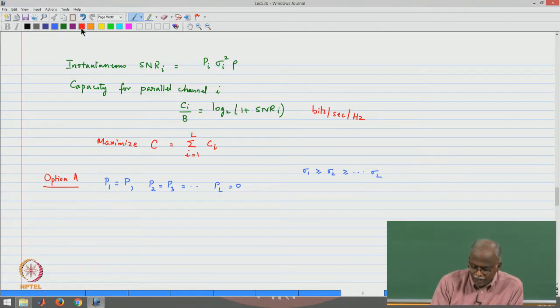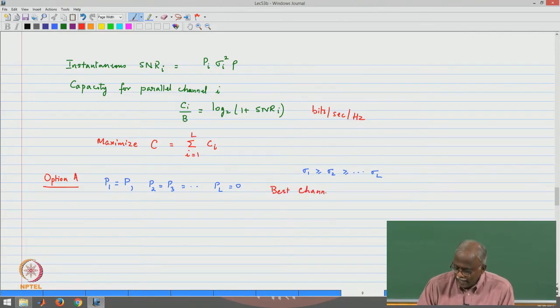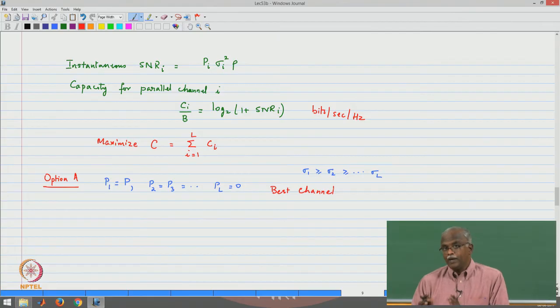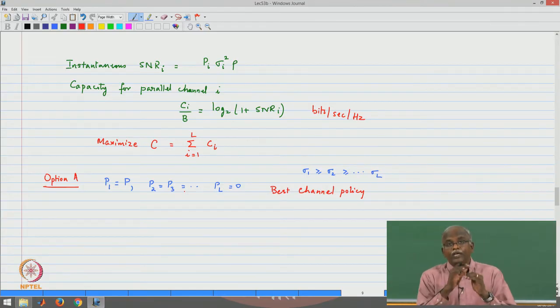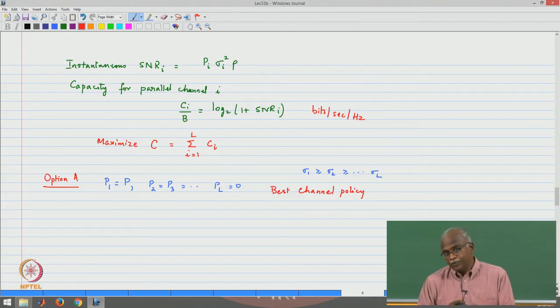This is what we refer to as the best channel policy. We have L parallel channels, but we have deliberately chosen to give all the power to the best channel, so we call it the best channel policy. This is also a way of saying that we are going to transmit only on the strongest eigenmode.